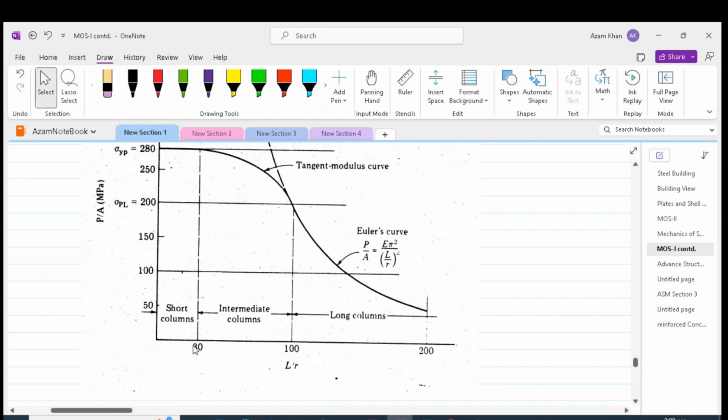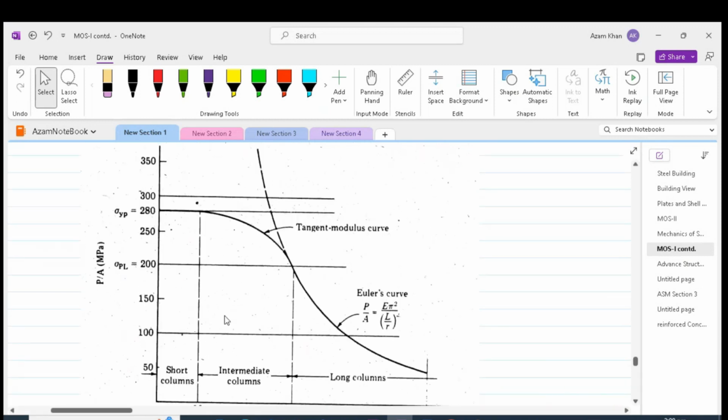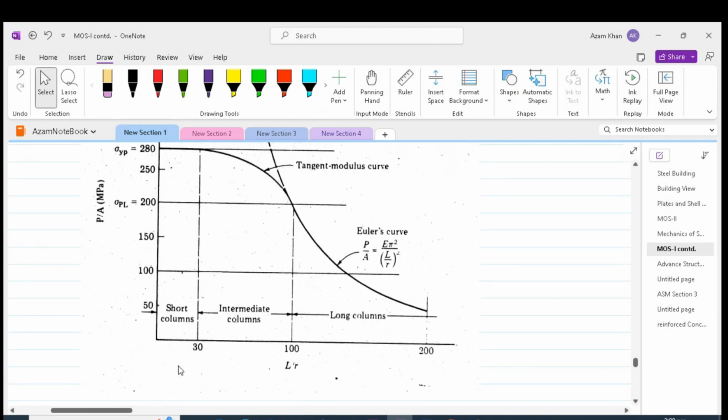It is important to note that in the case of a short column, the limiting stress is not taken equal to the proportional limit, but it is taken equal to the yield limit. So in order to find the failure load in the column, we just use the yield stress and multiply that with the column cross section, and we can get the critical load which will cause the column to crush.